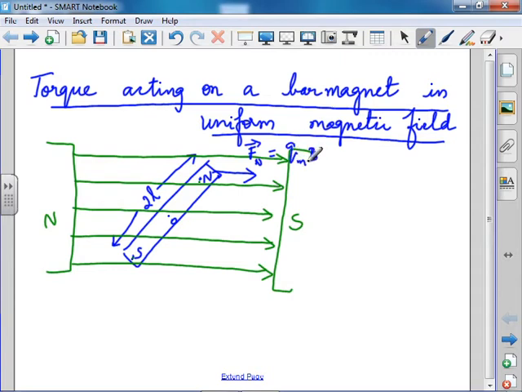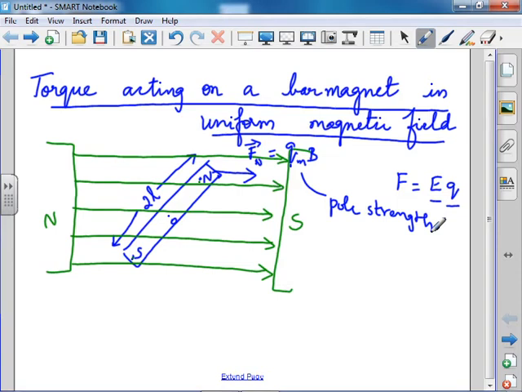In electric field you have studied, no? F is equal to EQ. Q represents the charge, E represents the electric field. Here the magnetic charge is represented by the letter QM, which is nothing but the pole strength. And B represents the magnetic field.